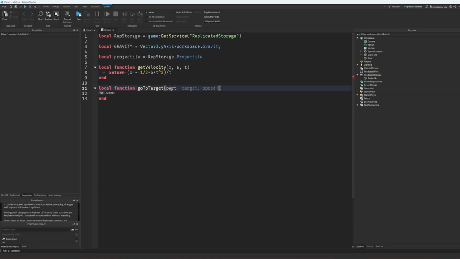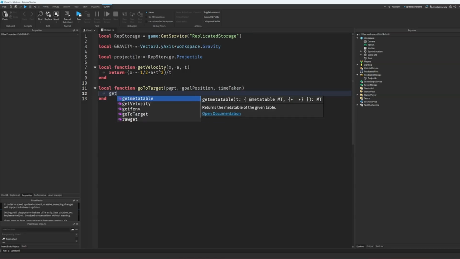Then we're going to have our parts, our target, but I'm going to name it goal position, and then our time taken. I would use time, but time is already a keyword. So now that we have this, we can get our velocity.